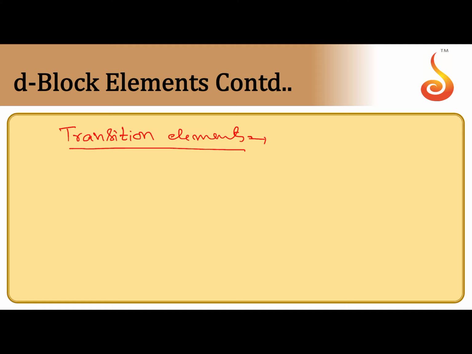To become transition elements, they should exhibit specific characteristic properties like color and paramagnetic nature. At least one unpaired d electron should be there, so the n minus 1 d subshell must be incomplete. With 1 to 9 electrons, only then can an element exhibit the characteristic properties of transition elements. So, that is considered a transition element.